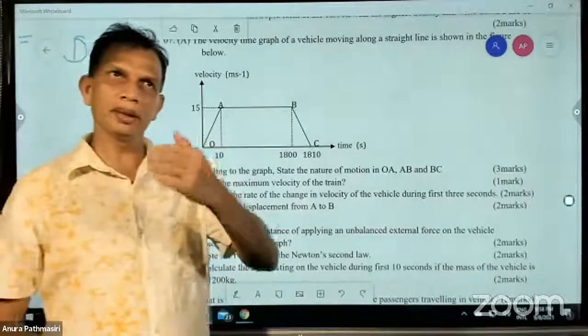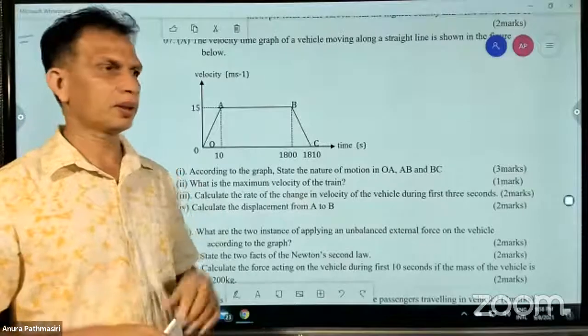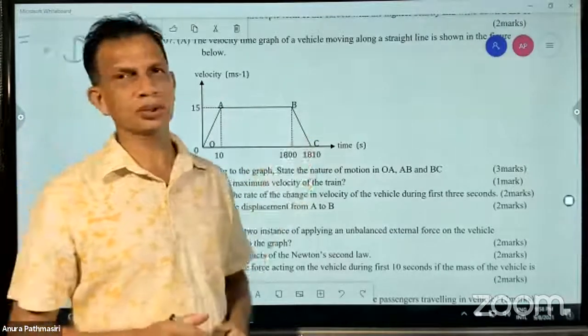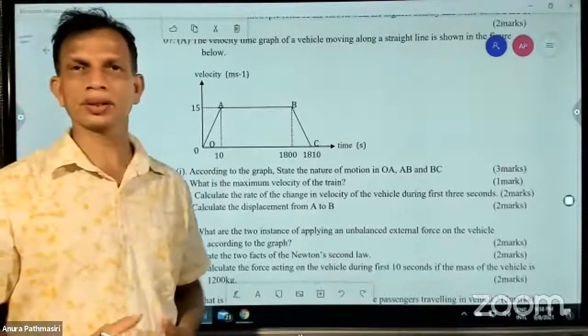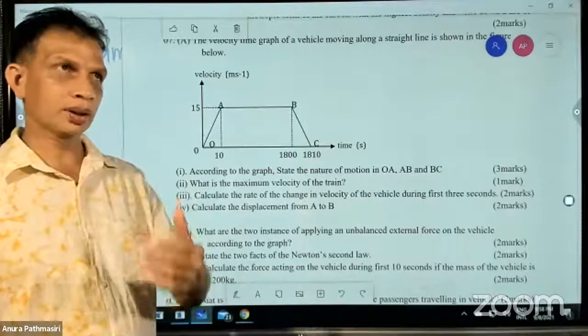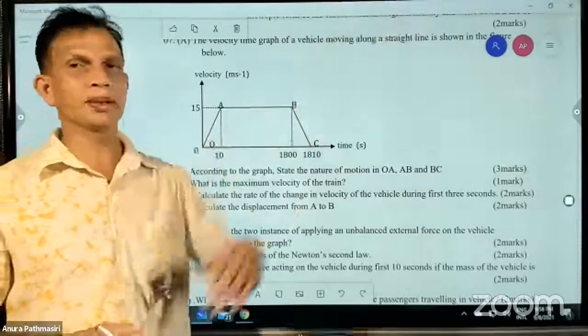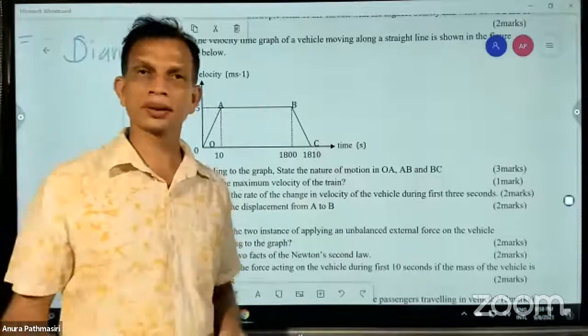The vehicle moves in a straight path, so it is a linear motion. So we know acceleration, deceleration, and constant or uniform velocity, acceleration in the same direction, acceleration in the opposite direction.